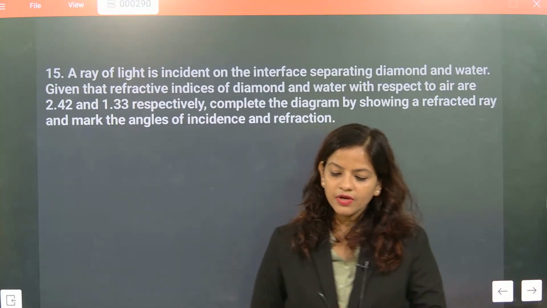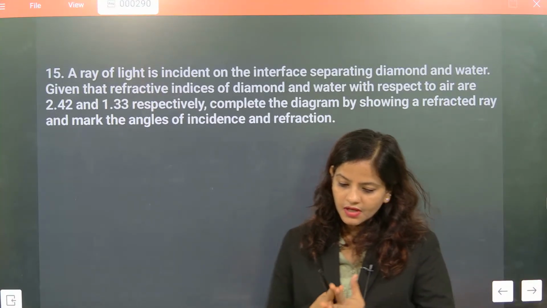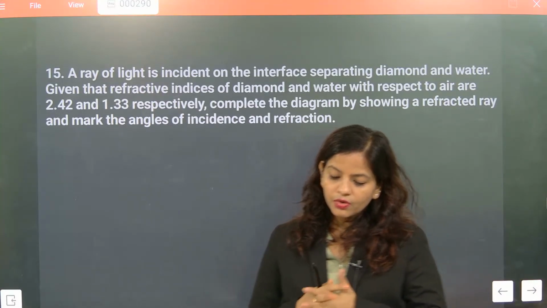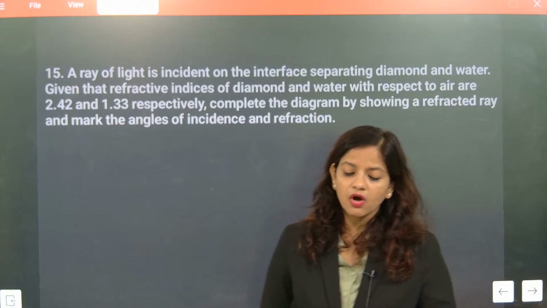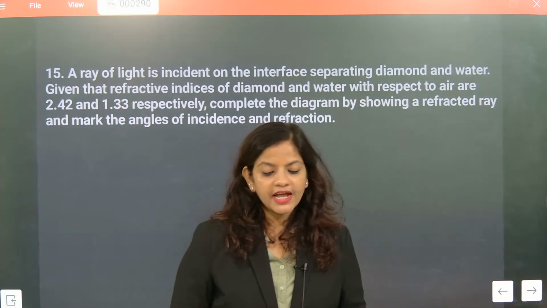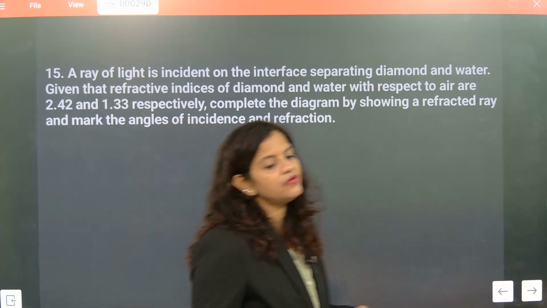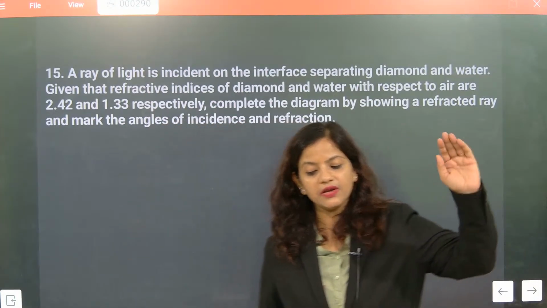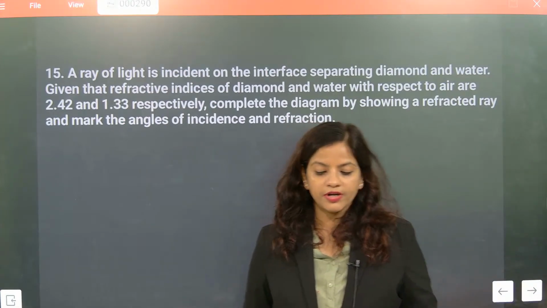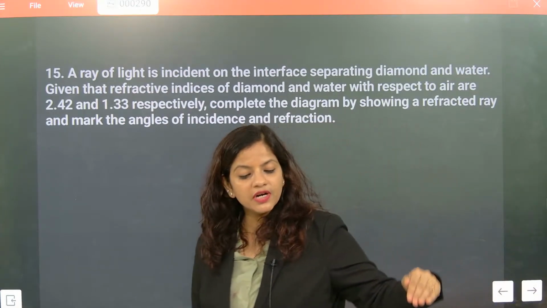Yes. Now look at this. So now you will be checking this question. Now I am going to check. A ray of light is incident on an interface separating diamond and water. So definitely diamond versus water. Means after going inside diamond, the ray is going to water.